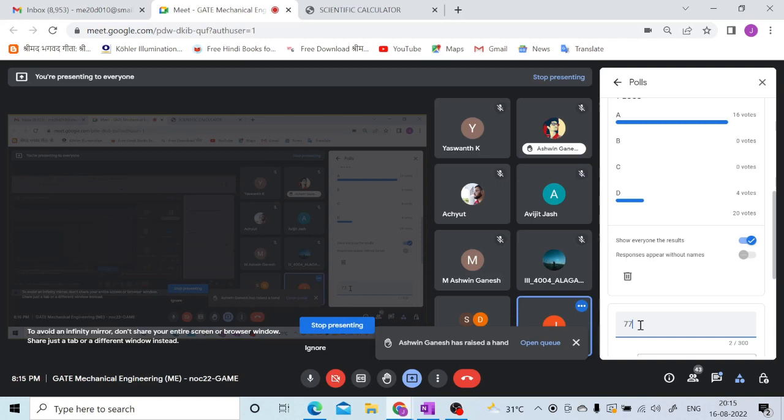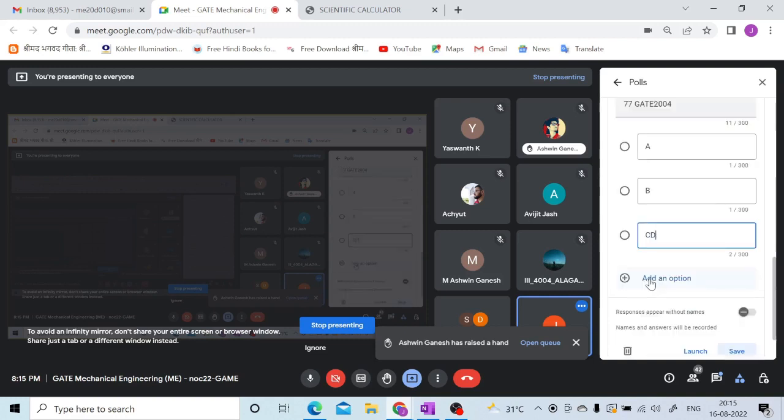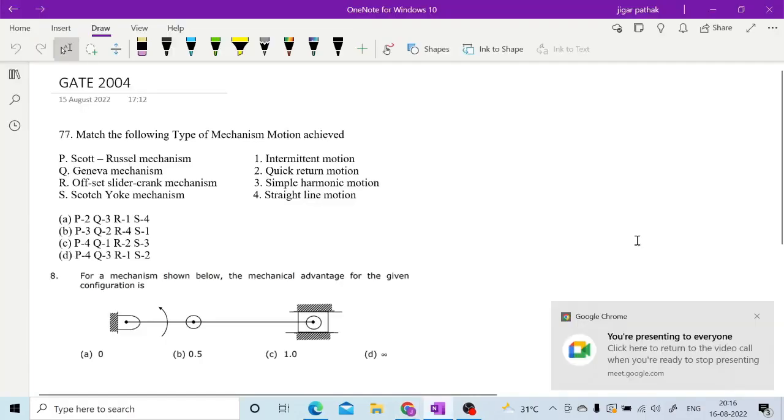So this is question 77 of 2004, and the options will be A, B, C, and D. Question 77 is launched, and kindly answer it as soon as possible. 30 to 40 seconds are enough. Please be quick.